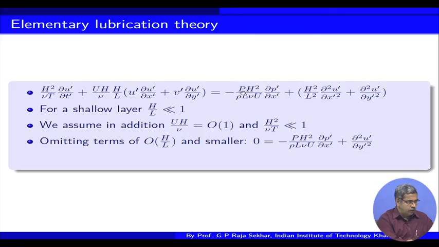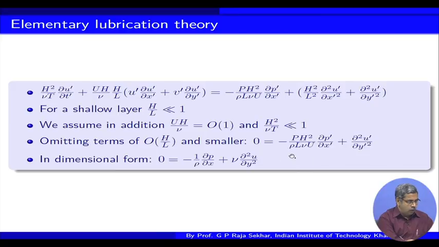If you see, one can get the corresponding non-dimensional group for P. Whatever is left out is exactly the non-dimensional grouping for P. And since h by L is small, this is also gone. So we get the corresponding x momentum equation under lubrication approximation. In dimensional form we get this.